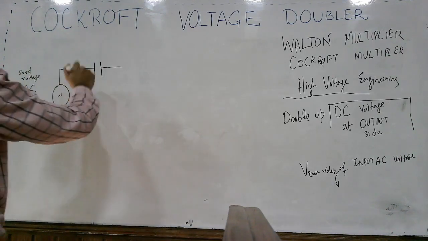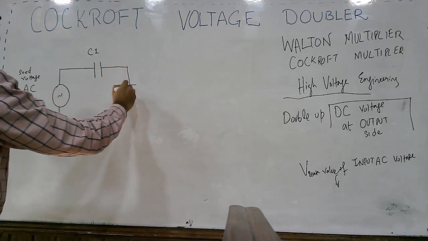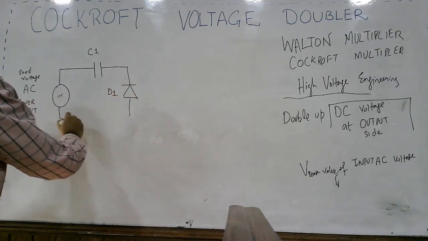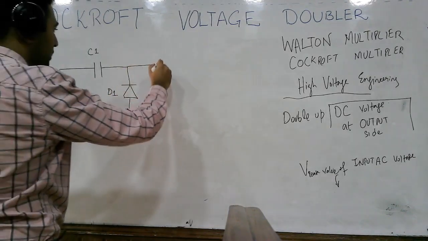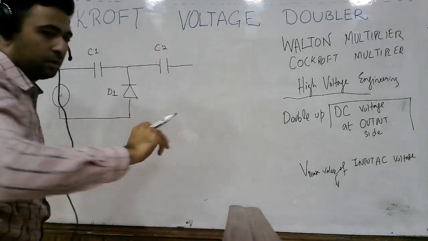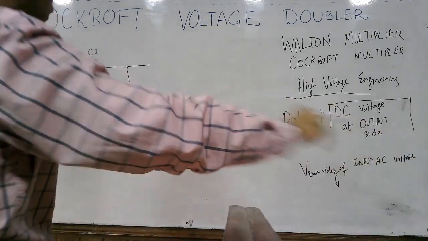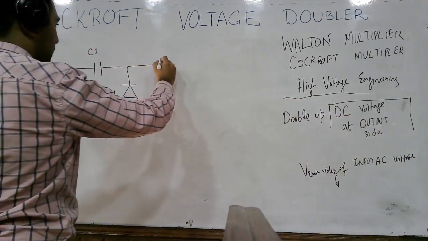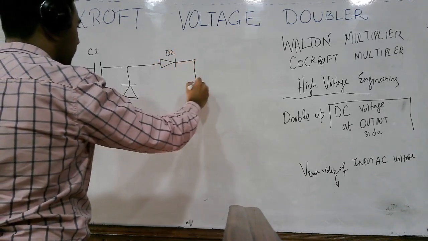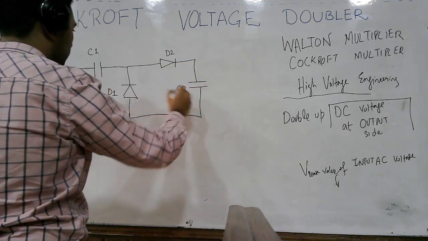Then there is a capacitor, let's name it C1, and then we have a diode, let's name it D1, and then we have another capacitor, C2, and then we have another diode, let's name it D2, and then another capacitor.